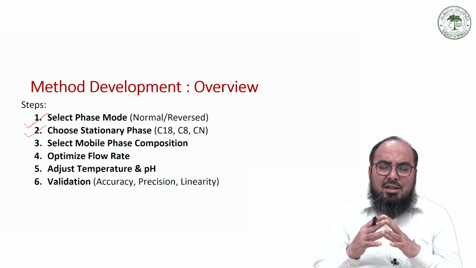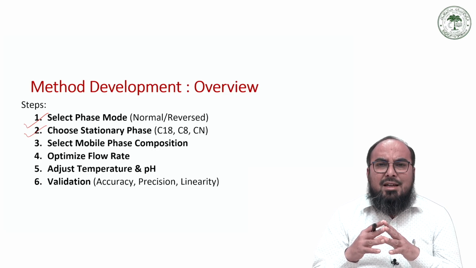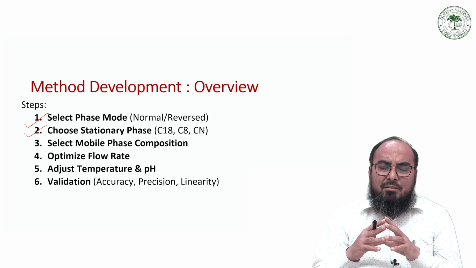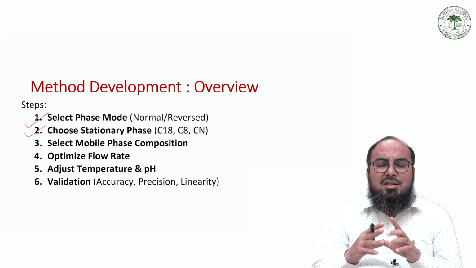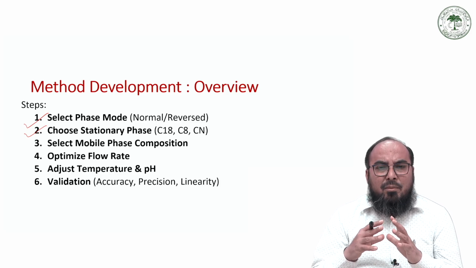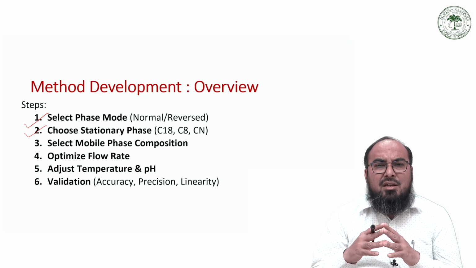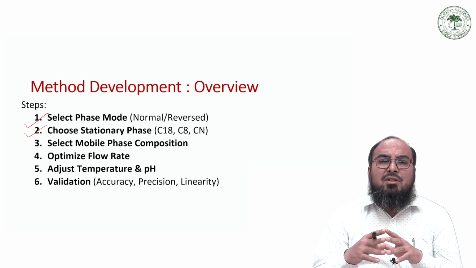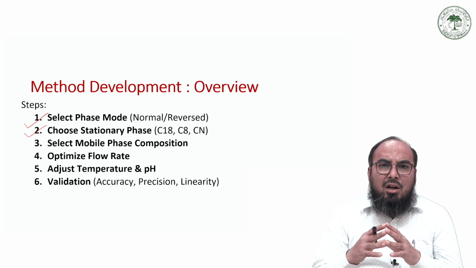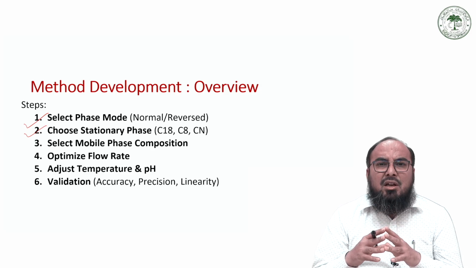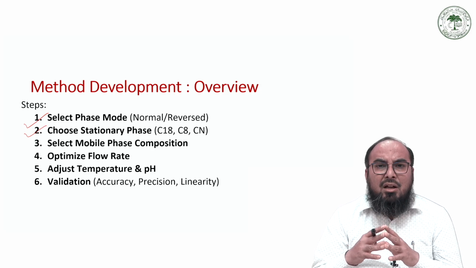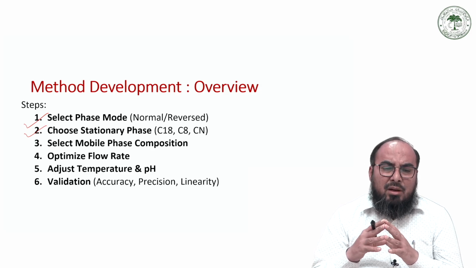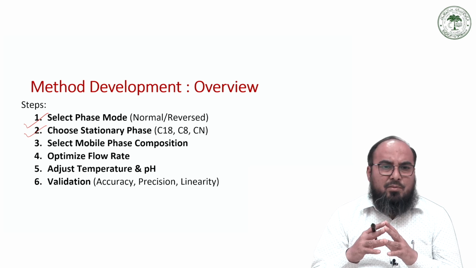So polarity is the deciding factor, and we always have to bear in mind the same important theory, that is like dissolves like: a polar stationary phase will have a strong interaction with the polar solute, and similarly a non-polar stationary phase will have a strong interaction with the non-polar solute. So we have to remember this golden principle.